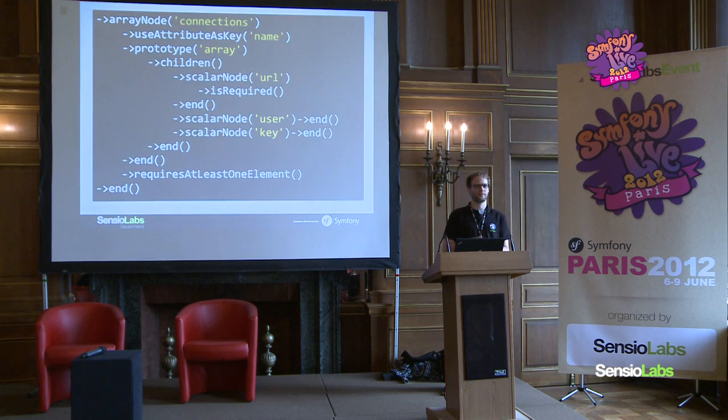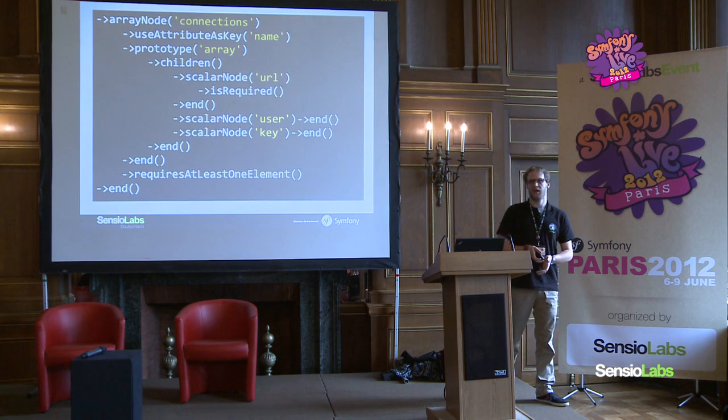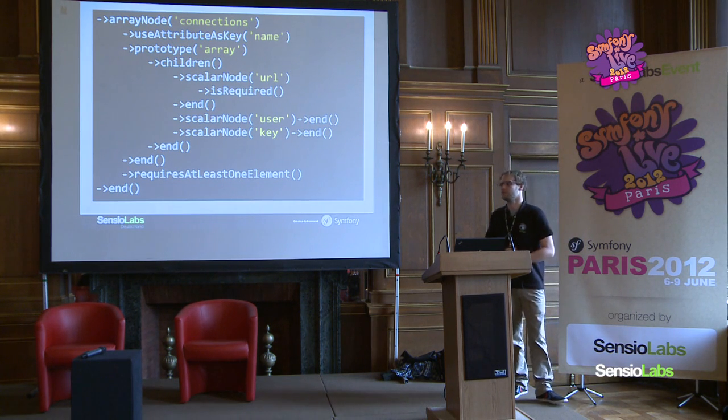You have prototypes on this. So you can imagine prototypes like something where you're going to give the structure of the type that has to be there, that can be repeated once, that can be repeated multiple times.